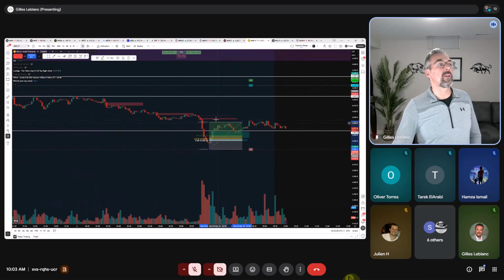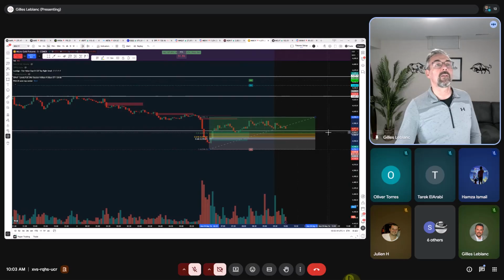Right on the 5-minute time frame, impulse buying started. This was the high, did not come into the 50. Since then, we've made a higher high. So I could extend it to the right. Has not gone to the 50 yet. So at this point, I will set an alert just above the 50.